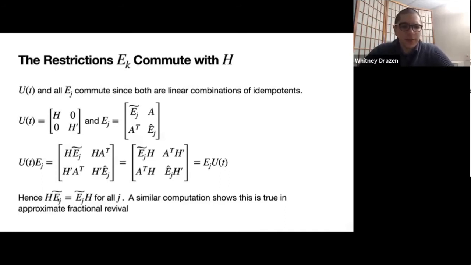So a similar computation will show that this is also a necessary condition, so that in the case of approximate fractional revival, basically all you have to do is specify that there exists such an H that these U sub epsilon converge to in the block form, and then basically the computation is the same.